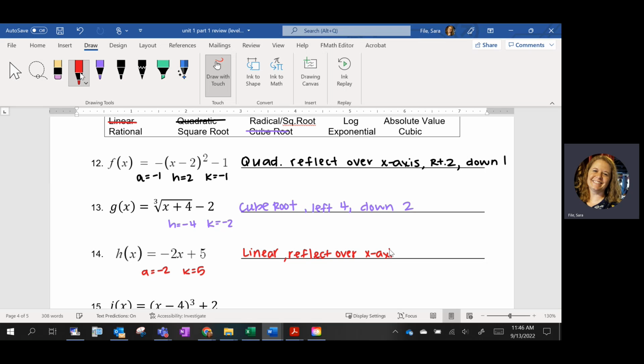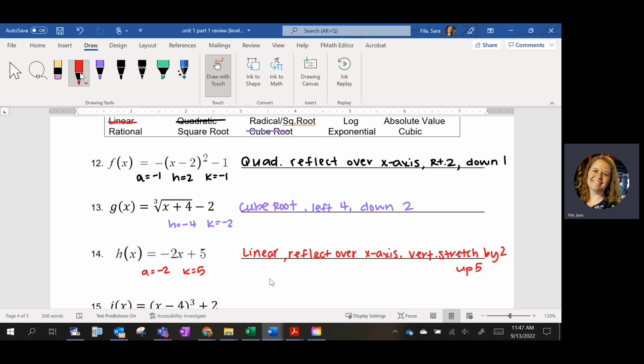It is vertically stretched by 2 because of that a value. And then it is shifted up 5 because of that k value. In the linear, there's not an h when it's in this format.